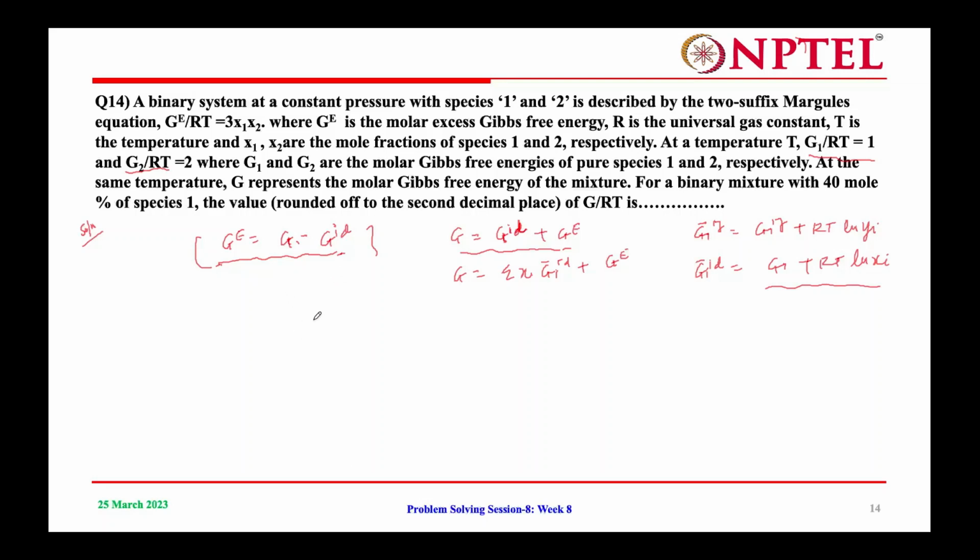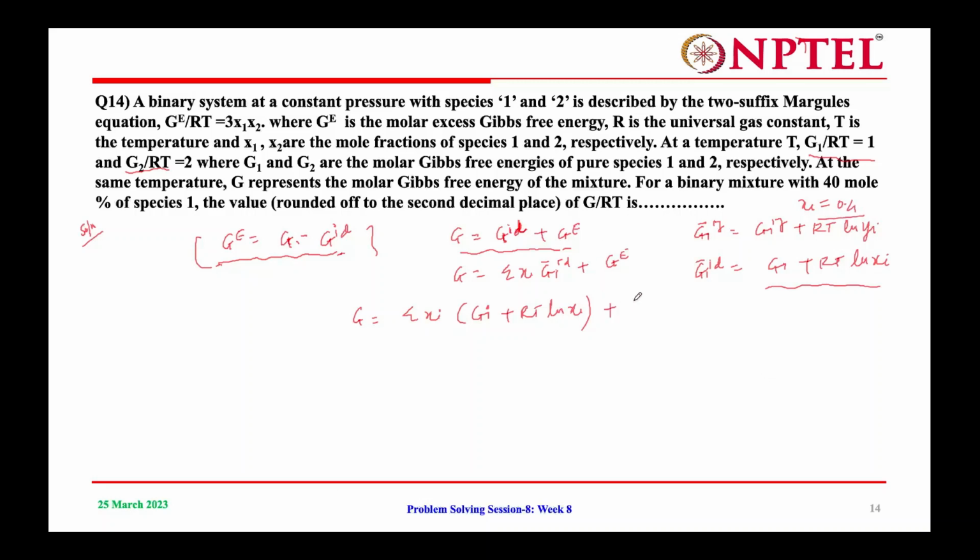So put these terms in these equations. G is equal to summation xi Gi plus RT ln xi. Here x1 is given 0.4, right?